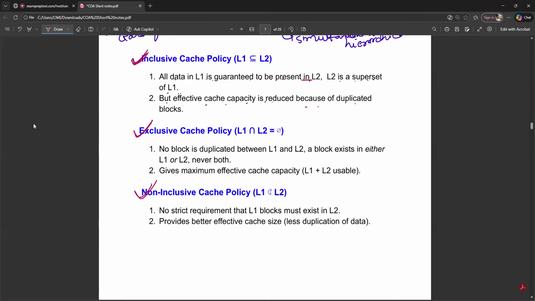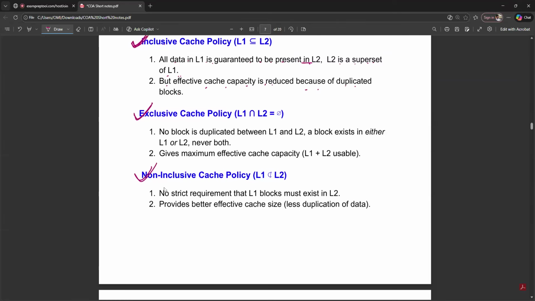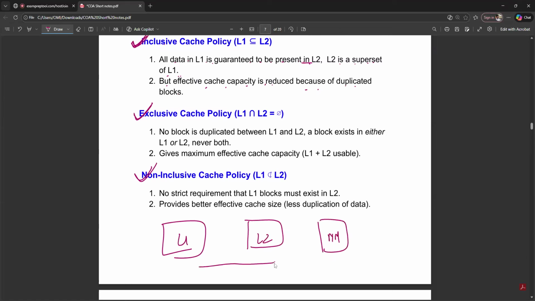Right. Okay. So here, if multiple levels of caches are given, this is L1, this is L2, this is main memory, and as you know, if you go this way, size will increase. So what does the inclusion policy say? All the data present in L1 is going to be present in L2.